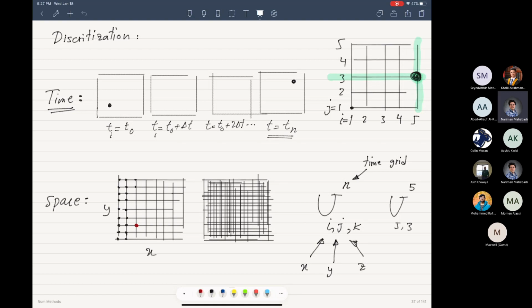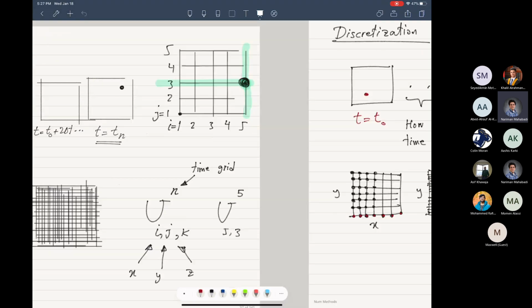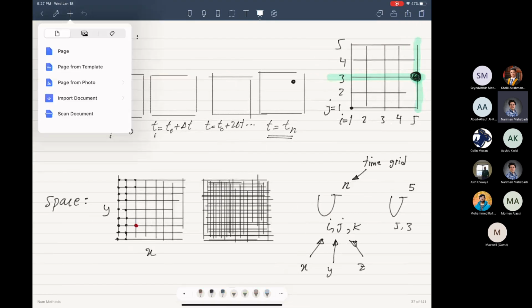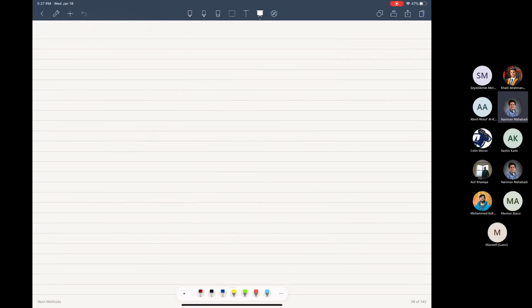Okay, now let's see how we can actually approximate or find our unknown function using this discretized form. And that's gonna be everything about this Taylor series. So in finite difference method, we're gonna use this Taylor approximation. You may have seen this before, or we have heard about these Fourier series and all these different series.